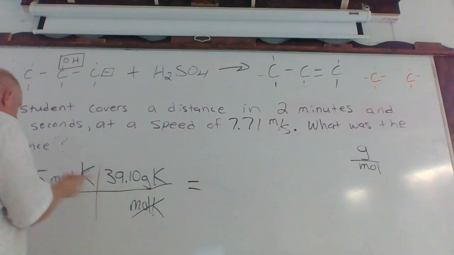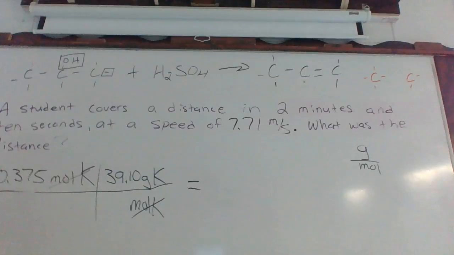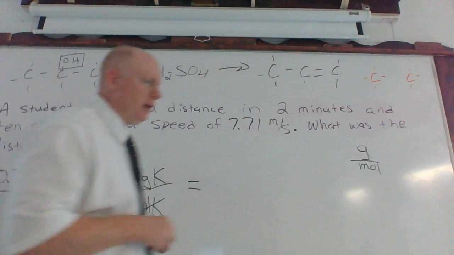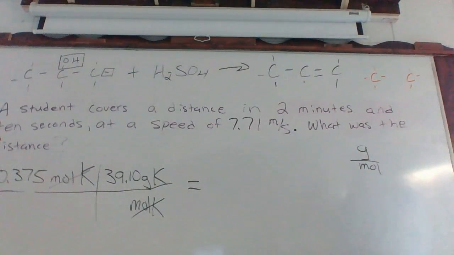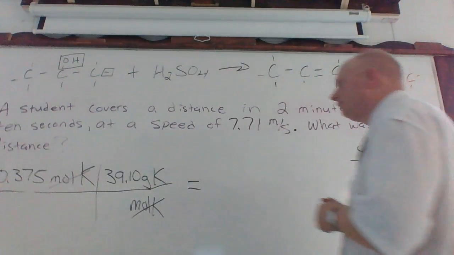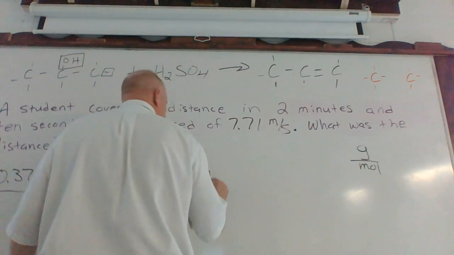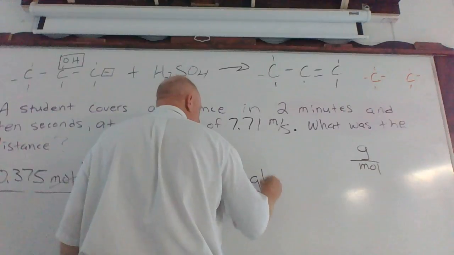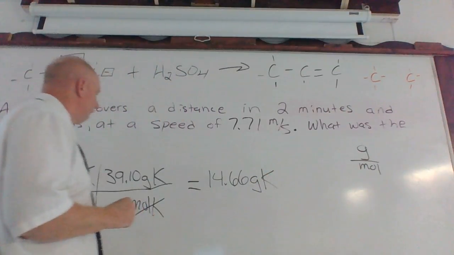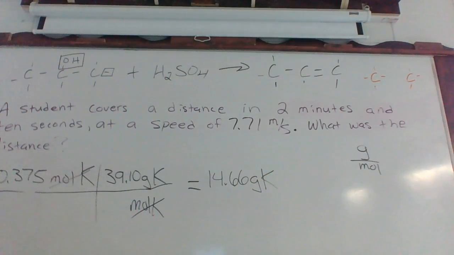So what do we do with them? We multiply them. Okay? And when you multiply them, you get what? 14.26. Okay? 14.66 grams of potassium. Okay?